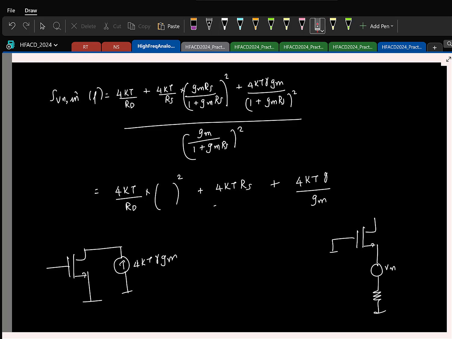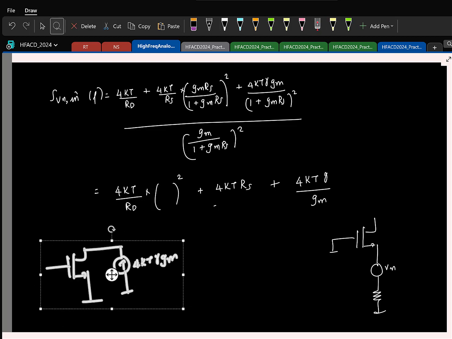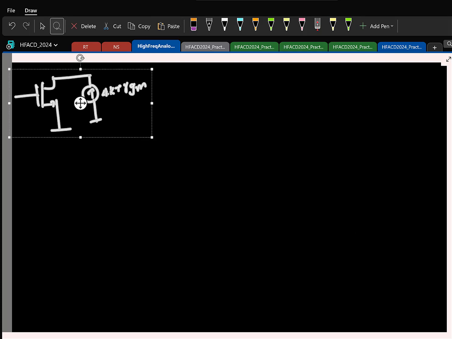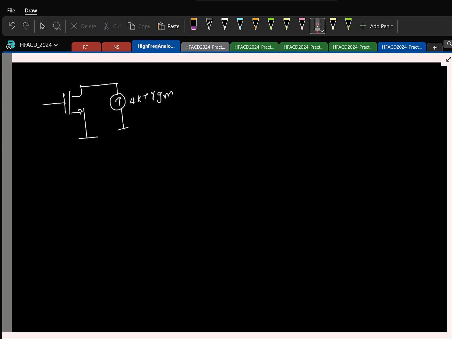Now let me take this to the next page. So let us say I try to find the input referred noise for this transistor alone, right? Again, I'll ignore the gate capacitor. If I ignore the gate capacitor, to model the noise I just require the voltage, right? And if I try to find the input referred noise voltage, what do you think that will be?